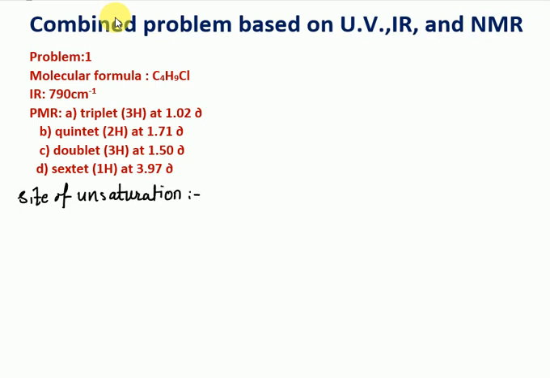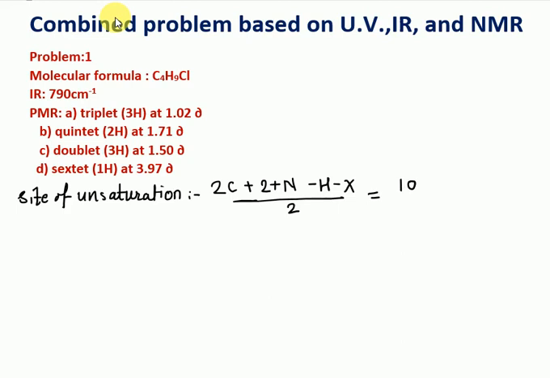As in the previous lecture, we have already seen how to calculate the site of unsaturation. The formula is 2 into the number of carbons plus 2 plus nitrogen if there, minus the number of hydrogens and halogens, upon 2. In the given molecular formula, there are a total of 4 carbons, so 4 into 2 is 8, 8 plus 2 is 10.